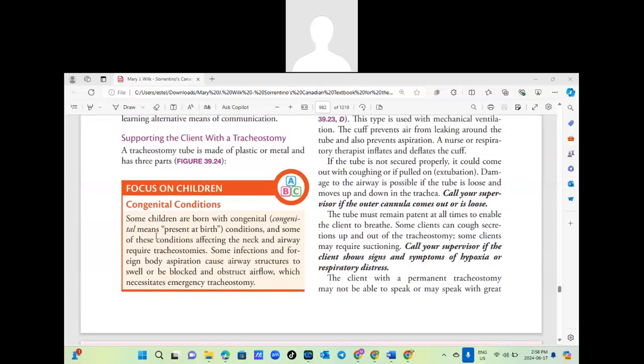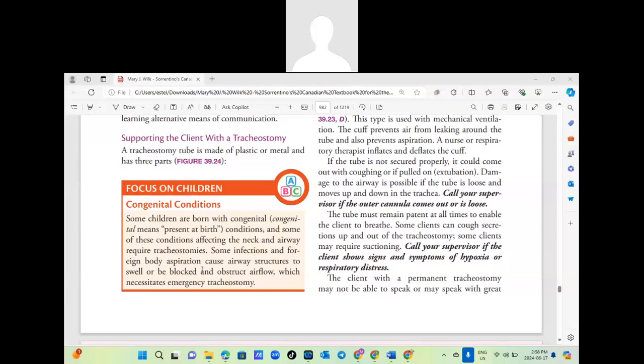Going down. All right. So let's read over here. Focus on children. Some children are born with congenital conditions, meaning present at birth. We've learned this from developmental disabilities, right? Some of these conditions affect the neck and airway, which requires tracheostomy.